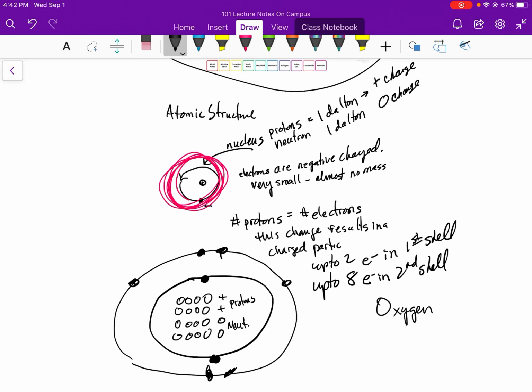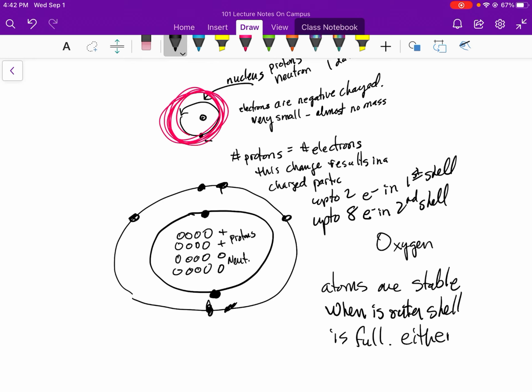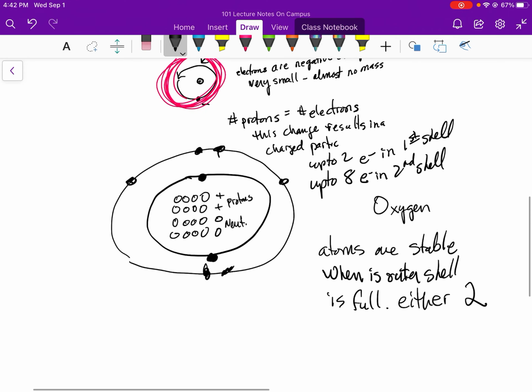Now, atoms are sort of stable with regard to the number of electrons when the outer shell is full. So if they only have one shell, then they have 2. If they have 2 shells, the second shell gets 8, and the third shell gets 8.